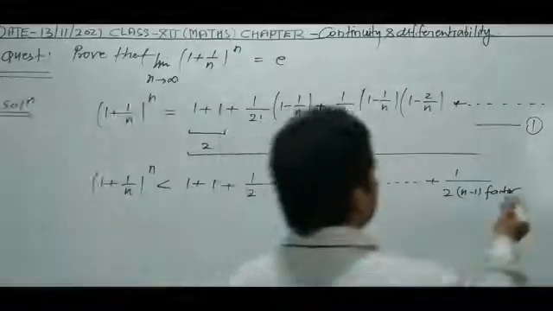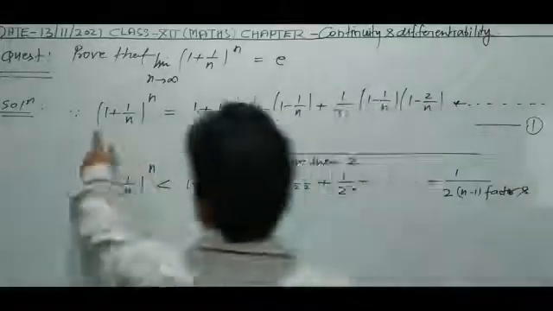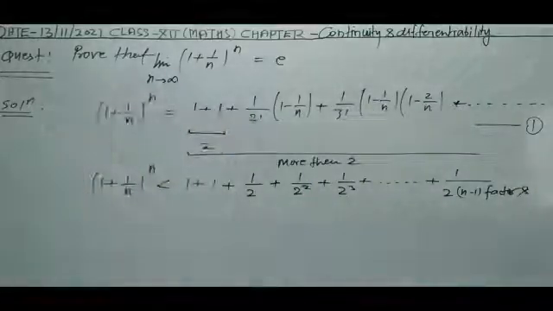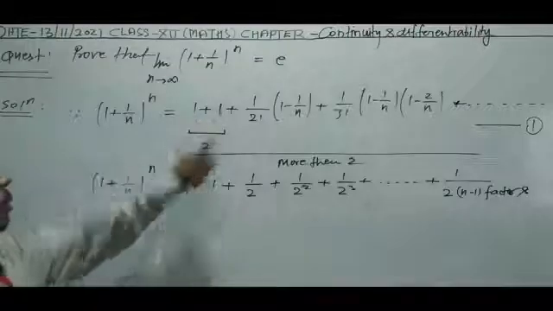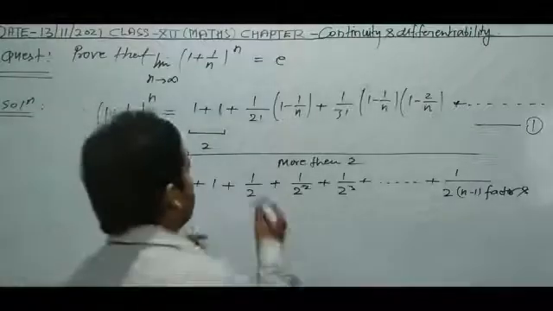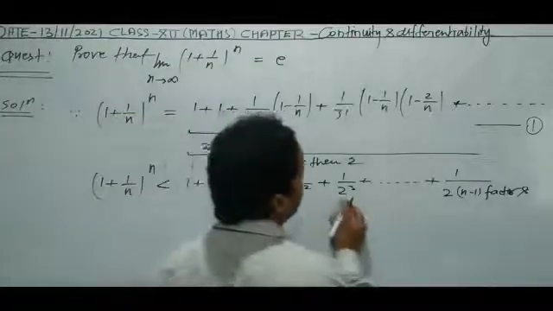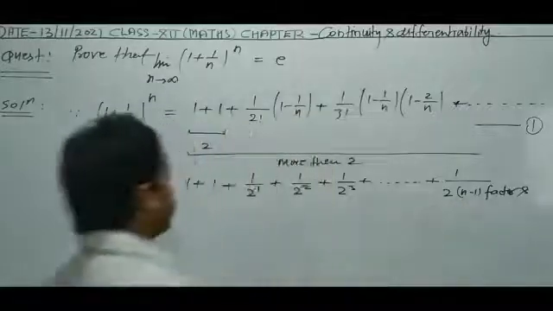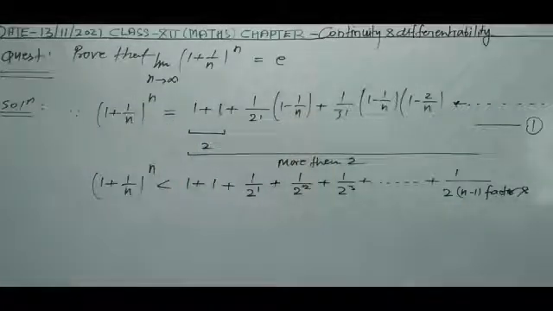How? Because the total number of terms is n plus 1, so two terms are left, and from 1 by 2 to the power 1, 1 by 2 to the power 2, 1 by 2 to the power 3, up to 2 to the power n minus 1, there are n minus 1 factors.